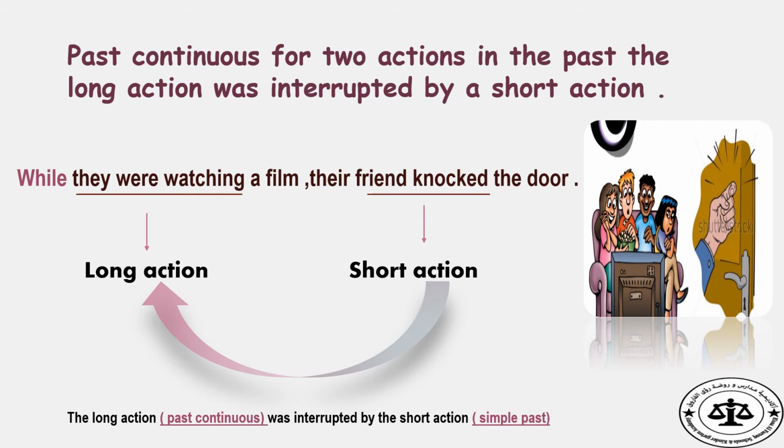The long action is in the past continuous and the short action is in the simple past. The long action was interrupted by the short action.